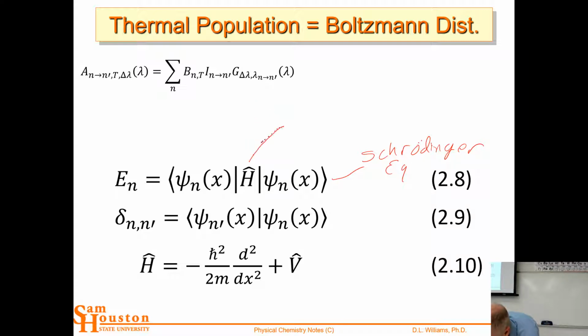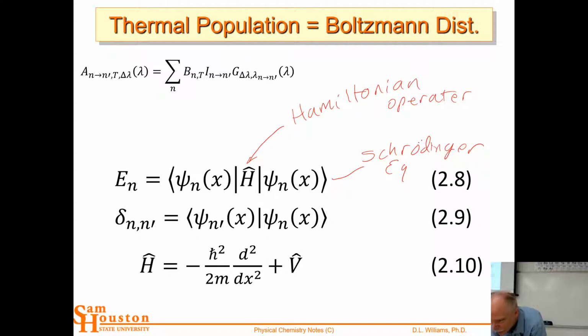And the thing that gives the energies is the Hamiltonian. And again, the wave functions are operated on by the Hamiltonian. You take the integration over all space, and you get the energy levels for that system.